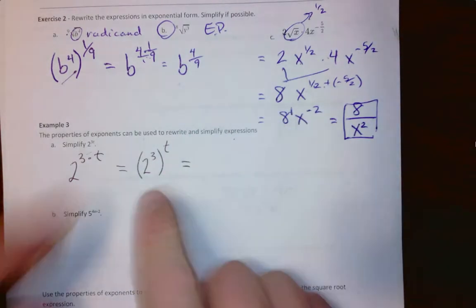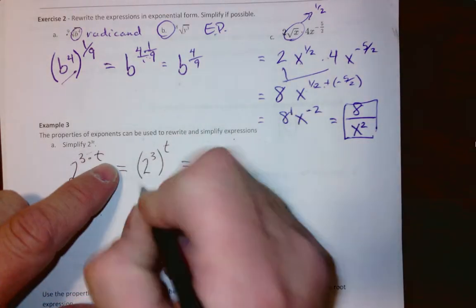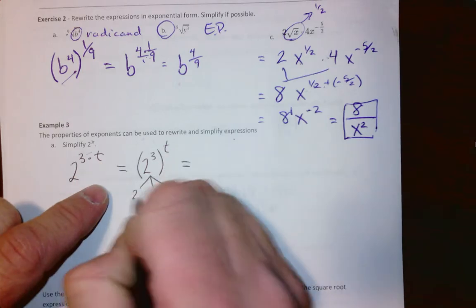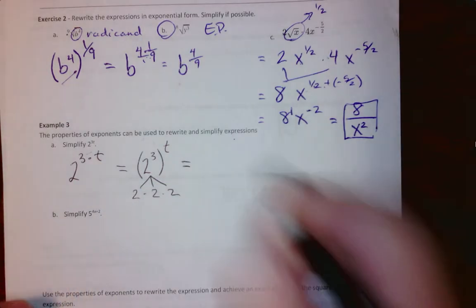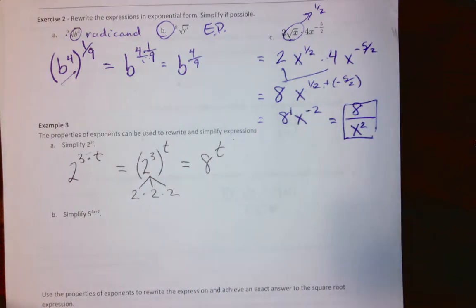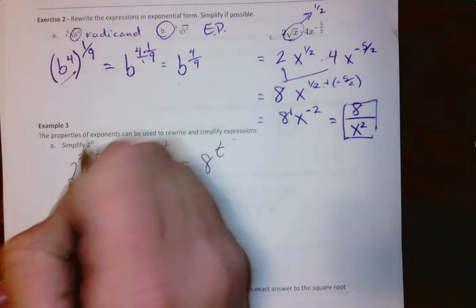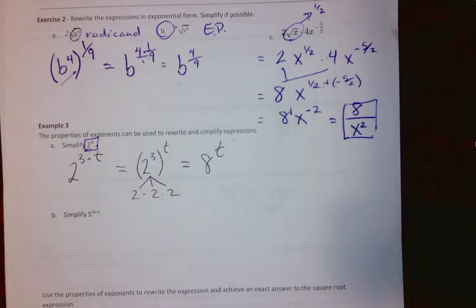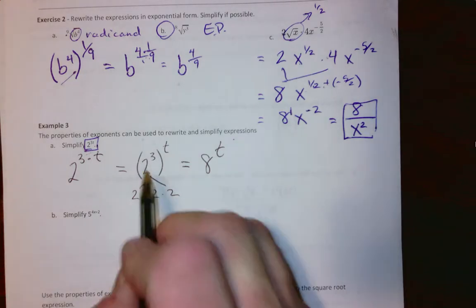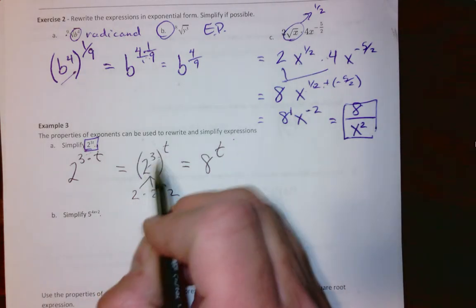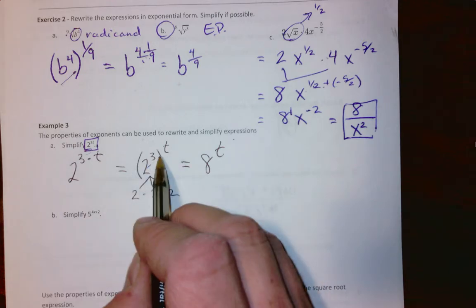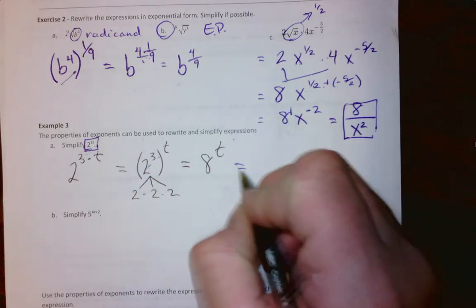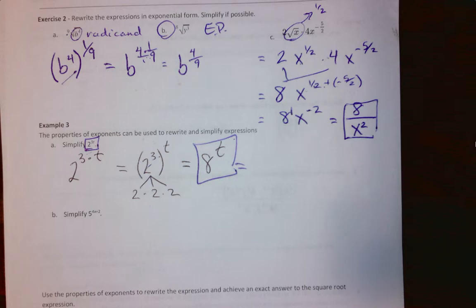You should be able to know what 2 to the 3rd is. 2 times 2 times 2. Doesn't that make 8? It's actually true then that this expression, 2 to the power of 3t, is able to be cleverly uncombined and recombined to make our answer, 8 to the power of t.